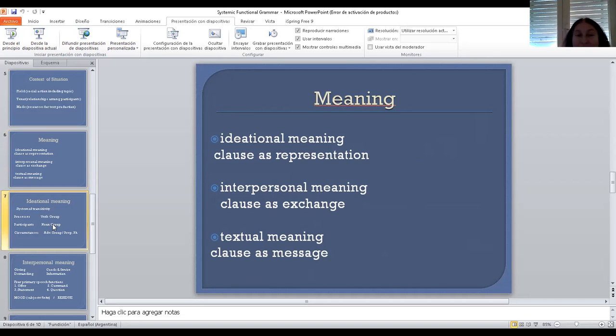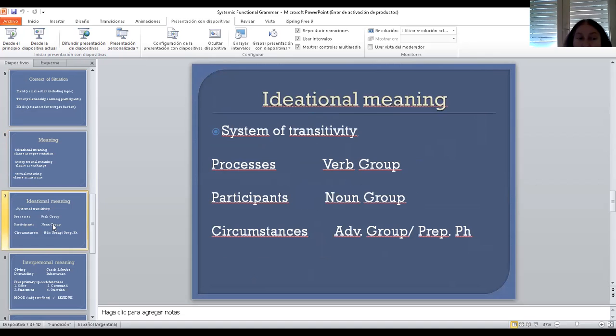When he studies the clause as representation, that is when he's dealing with ideational meaning, he studies the system of transitivity, and he will study processes, participants, and circumstances. All right, different kinds of processes which are typically realized by means of verb groups, participants realized through noun groups, and circumstances through adverbial groups or prepositional phrases.